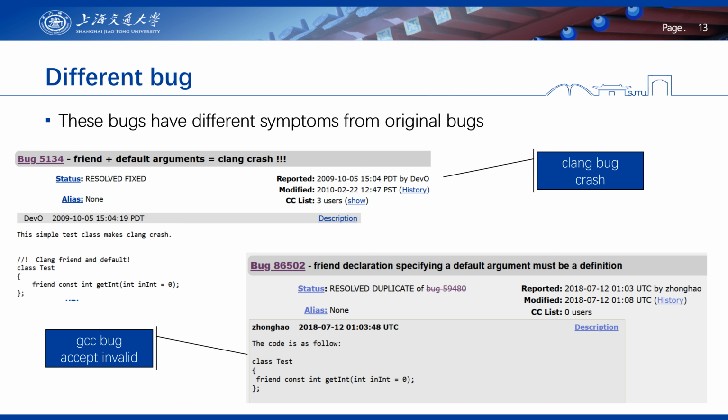GCC does not crash, but it believes that this program is legal. It compiles it without any warnings. Clang crashes, but GCC accepts this program, which triggers a different GCC bug.